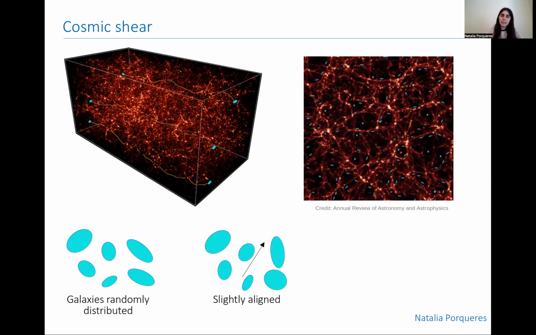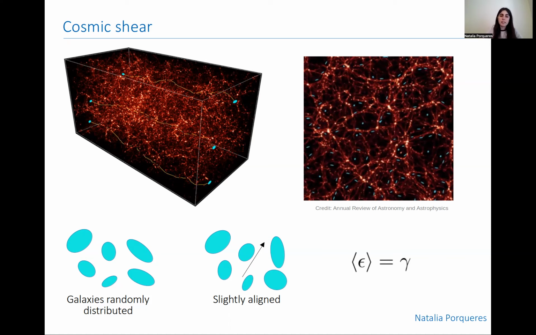If we take all these galaxy images and average the shape of these galaxy images, then we get an estimator of the shear. And this is a very powerful probe to analyze the dark matter distribution, make a map of the dark matter distribution, and get a better understanding of dark matter and dark energy.